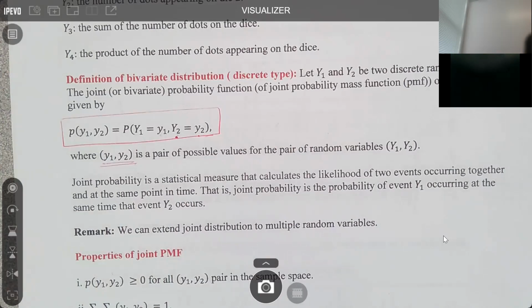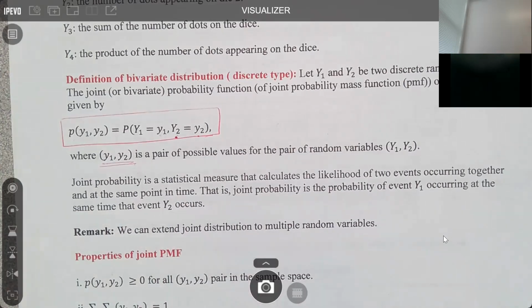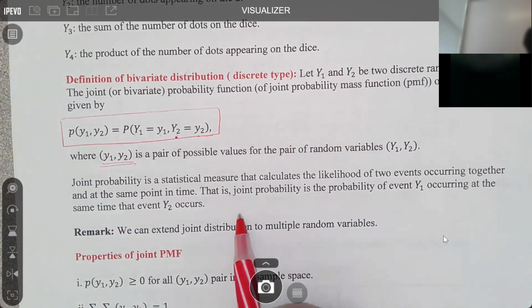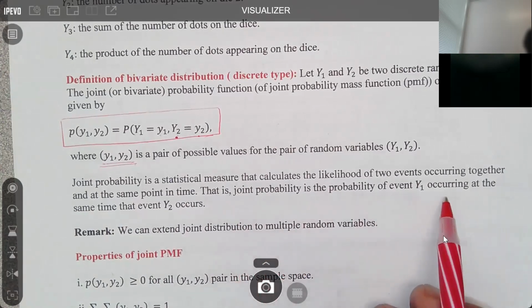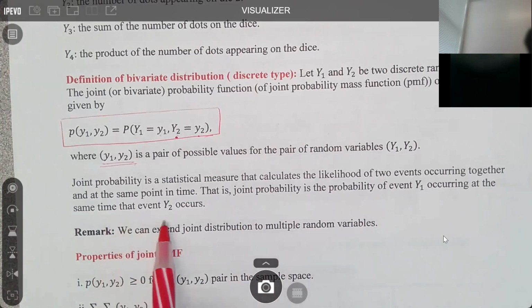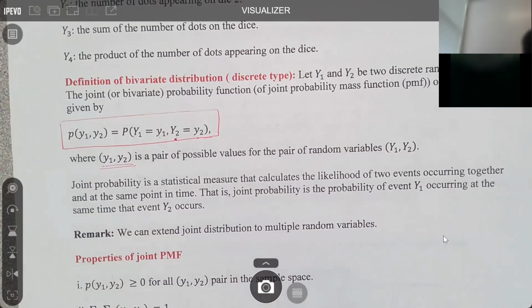But since it's a joint probability distribution, it means that the two random variables occur at the same time. Joint probability is the probability of the event y1 occurring at the same time that the event y2 is occurring. That's what is called the joint.